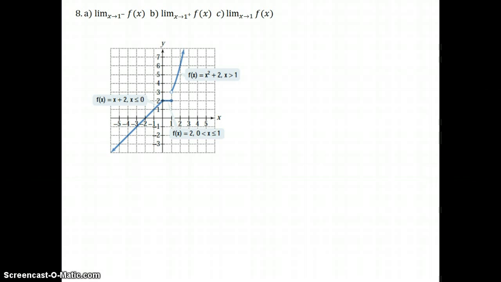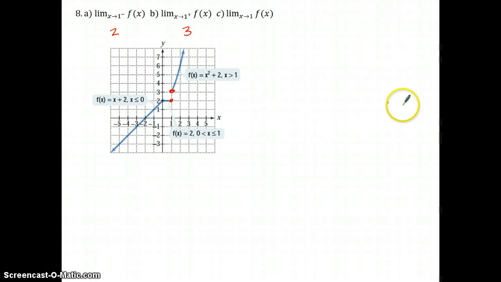So A8, we have the limit as x goes to 1 from the left-hand side. As x goes to 1 from the left, it looks like we're approaching 2. As x approaches 1 from the right side, it looks like we're going to this y value of 3.